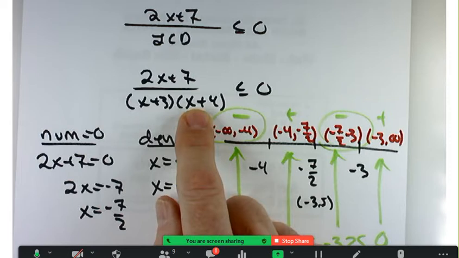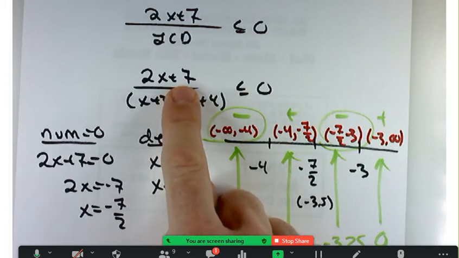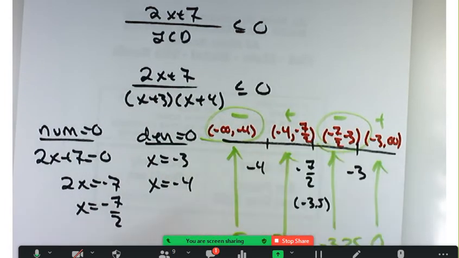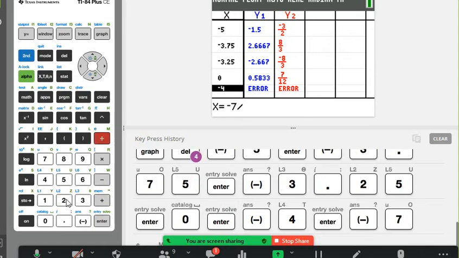What other number can't I use? -3. I can't use either of those. But how about the -7/2? This endpoint, can I use that one? Well, let's test it. If you type in -7 divided by 2 or -3.5, either one, oh, I get a 0.